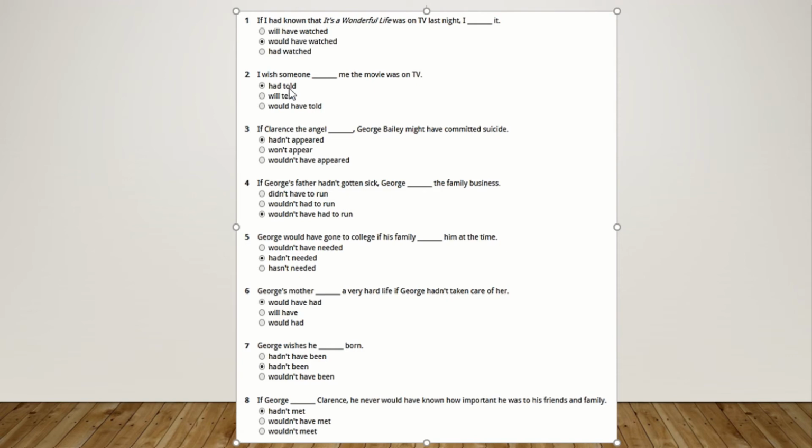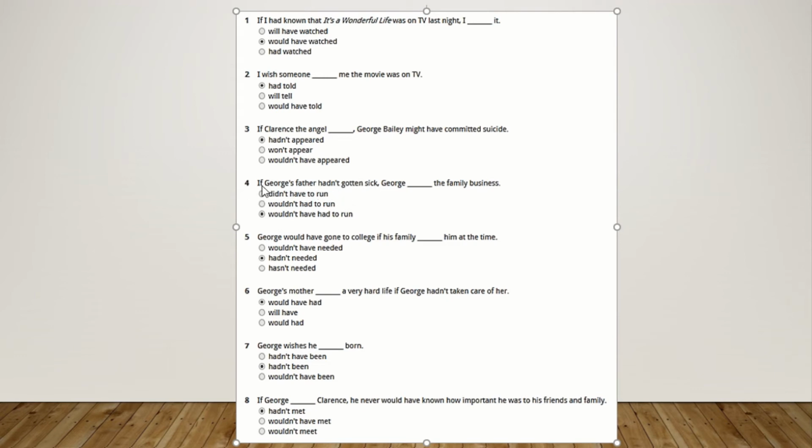All right? Like in this one, number 7, look, George wishes he hadn't been born. Okay, no would and not hadn't have been, no, hadn't been born. Okay, please analyze. If George's father hadn't gotten sick, okay, past participle, look in the if.